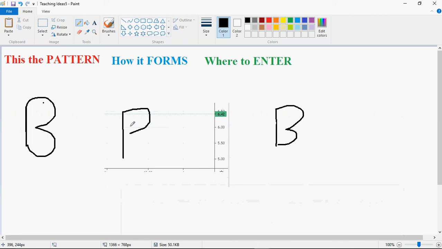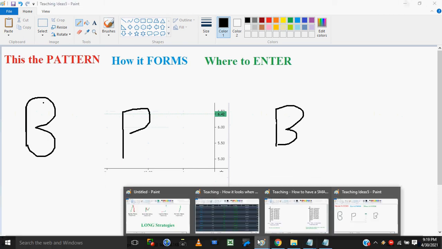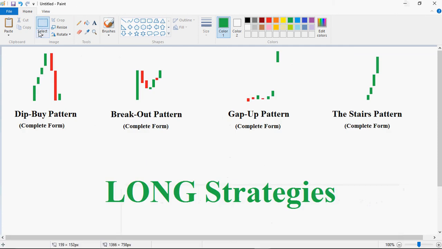Sometimes when you put the ticker in, it's just going to look like this. Okay?